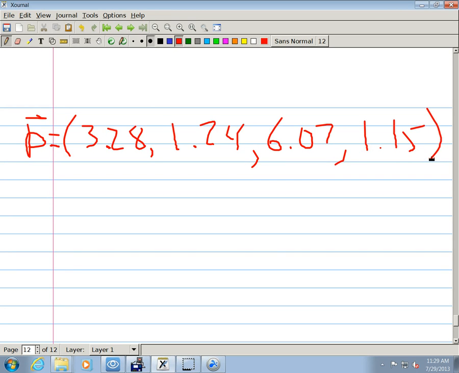Now let's say that represents the populations of several states, in millions of people: Connecticut, Maine, New Hampshire, and Rhode Island. Is that right? That doesn't even sound right.